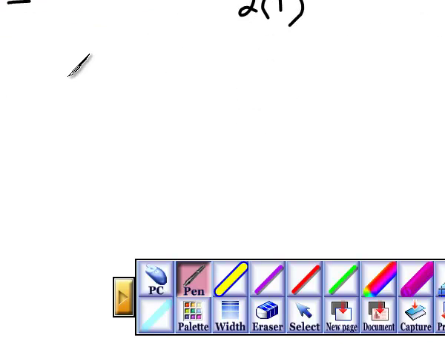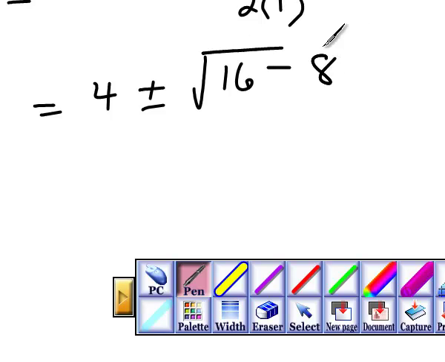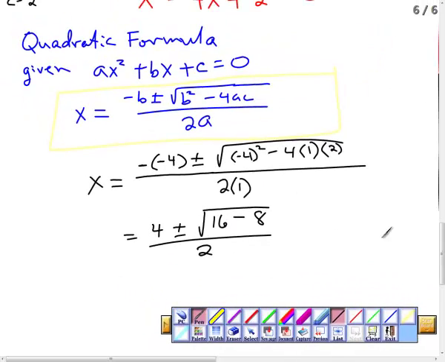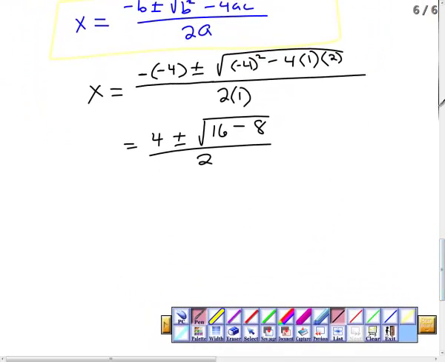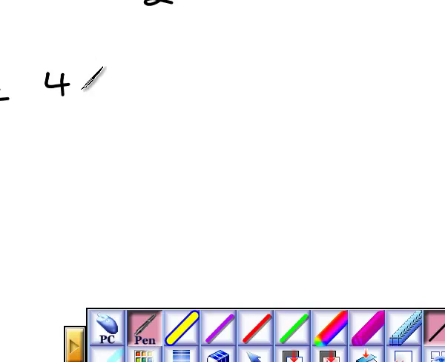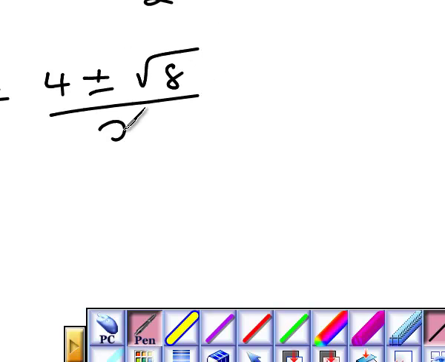All right. So this becomes a plus 4. Plus or minus the square root, 4 squared is 16, minus 4 times 2 is 8, all over 2 times 1, that's just 2. So far, so good. So now 16 minus 8, that's 8, right? So that's 4 plus or minus the square root of 8 over 2.